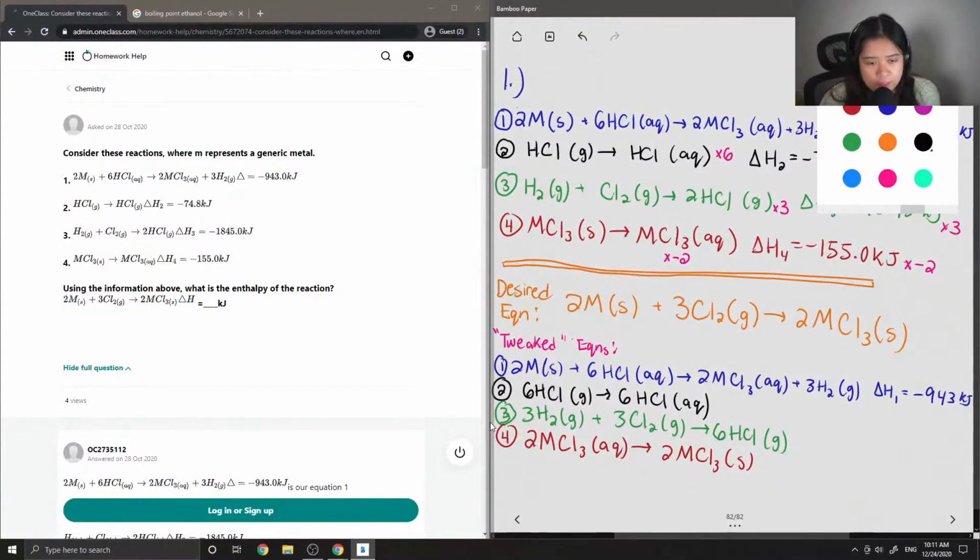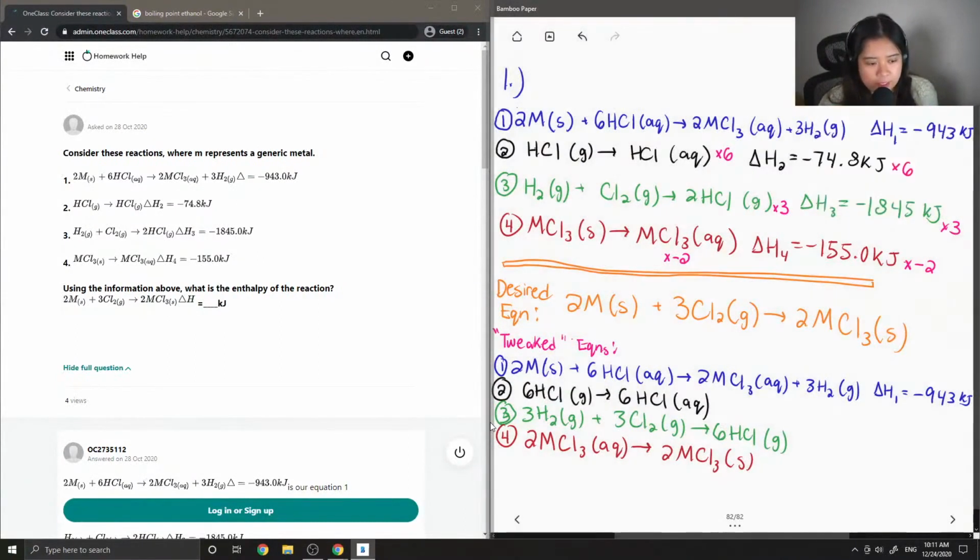Okay, so this step was just to verify that we did everything correctly, and if we cancel out all of the compounds that are in the reactants and the products, then we should end up with our desired equation. So for example, 6HCl aqueous is on the reactant side and the product side, so I'm going to cancel it out.